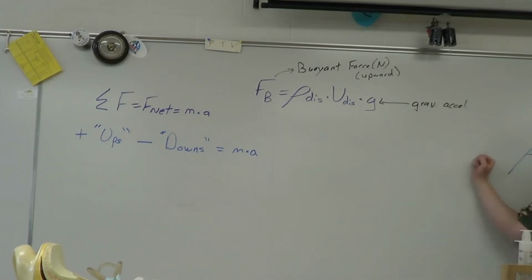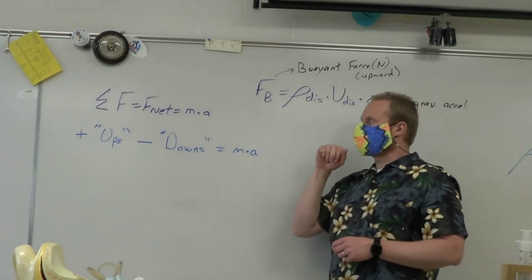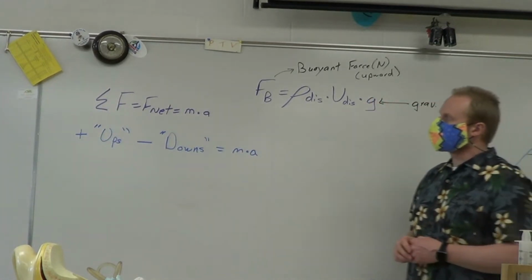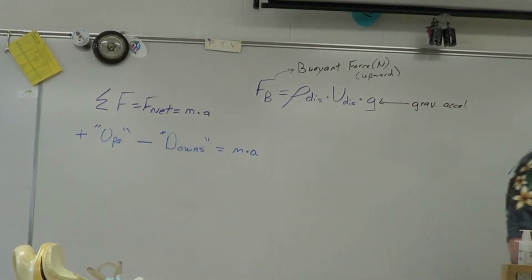So with forces, which are measured in newtons, we're going to have to talk about free body diagrams and Newton's second law. Newton's second law is the sum of all my forces equals F net, which is equal to mass times acceleration. Buoyant forces are an upward force, so in my free body diagrams, my arrow is going to be pointing upwards.